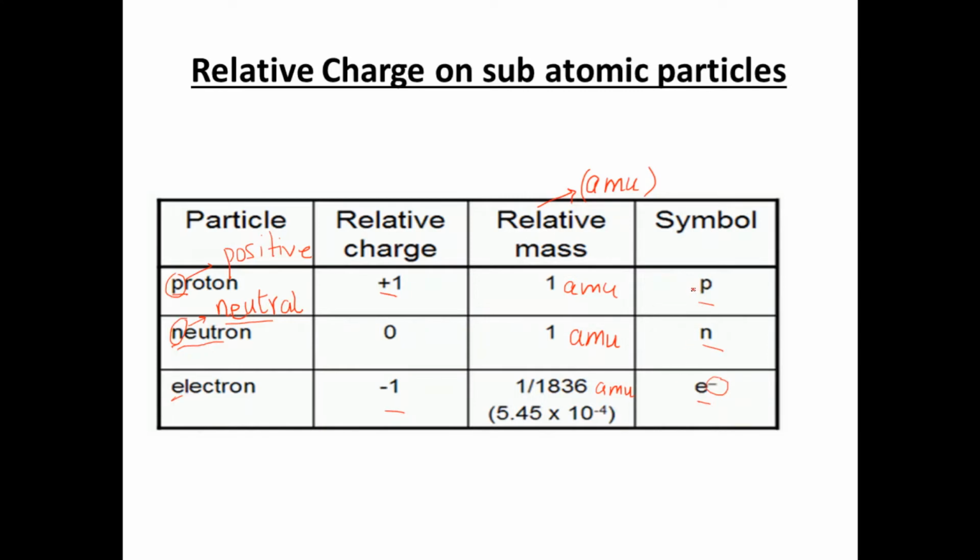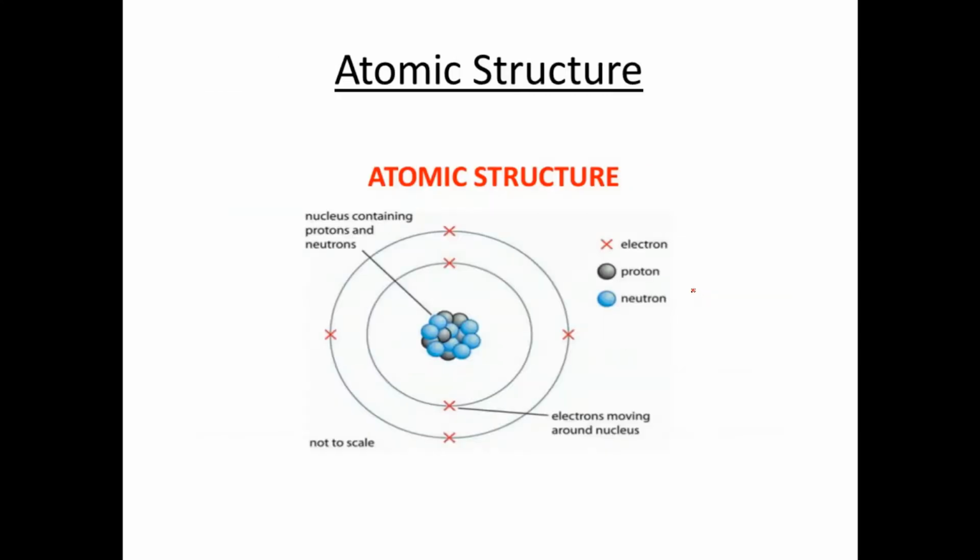Now we shall study about their relative nature and the atomic structure. Now, can you see this center of an atom? This center of an atom is called the nucleus of an atom. In the nucleus there are two subatomic particles, protons and neutrons, which are collectively named nucleons.